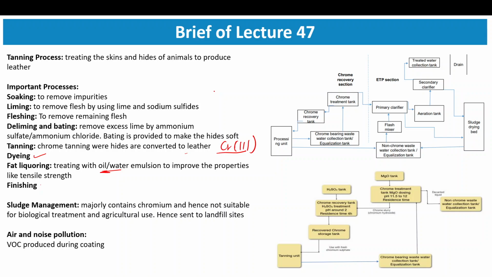Now, if we talk about the characteristics of the wastewater, all the processes except the tanning process, the tanning process wastewater is rich in chromium. Cr is a major component, which is a heavy metal, and it has some different properties.